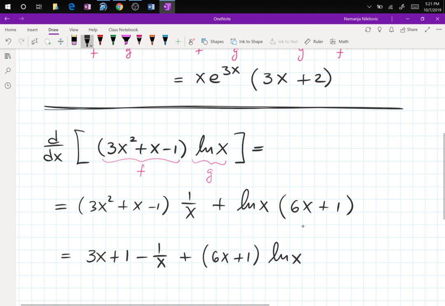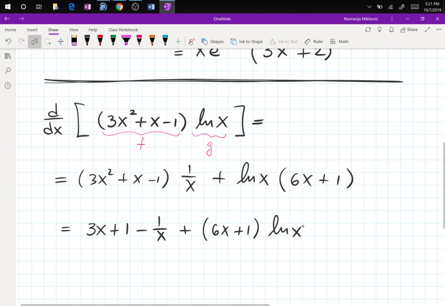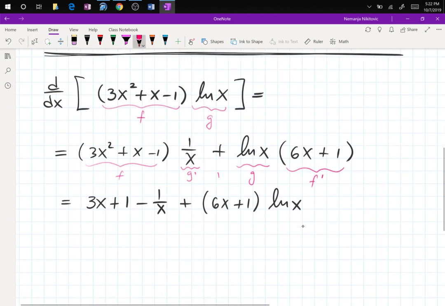It's just what it is. So f g prime, g f prime. So that's the first half with the product rule.